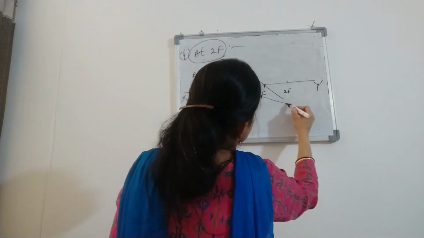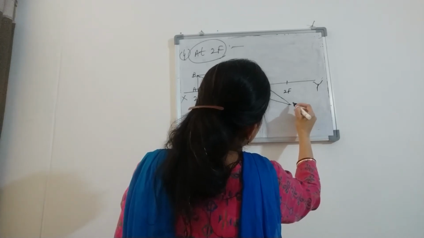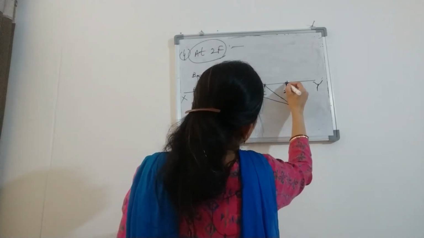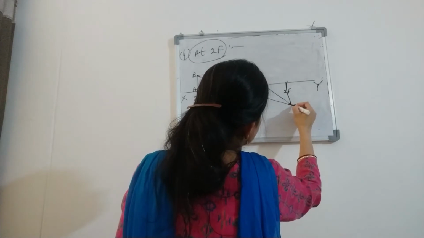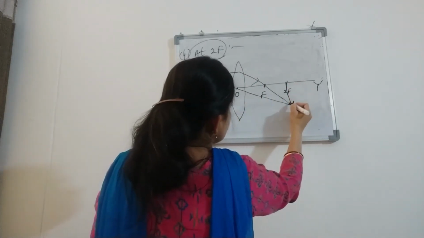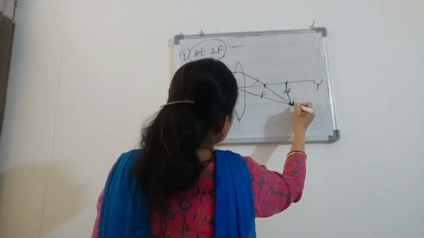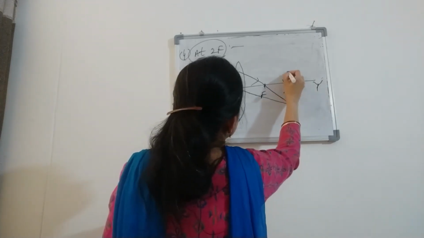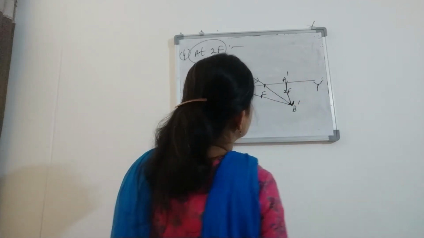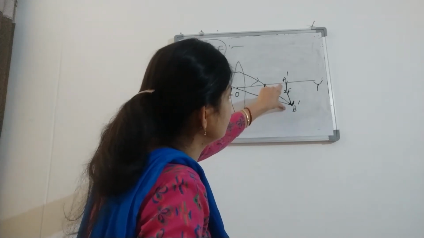Now these two rays will intersect at this point. That means at this point the image will be formed. Suppose A dash B dash is the position of the image.